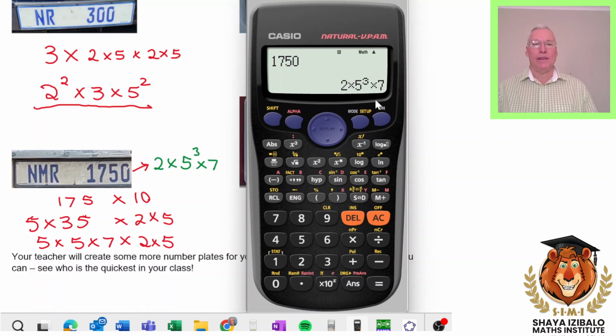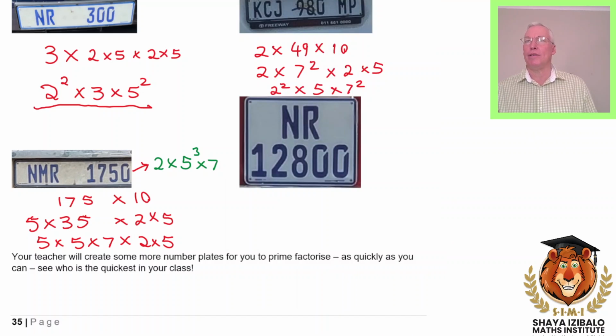Now this is a really important idea in terms of being able to prime factorize things. I don't expect you to necessarily do it that quickly to start off with. I want us to write down some numbers here, which we call the powers of 2. 1, 2, that's a 2, that's 2 2's multiplied together, that's 3 2's. Notice I'm just doubling.